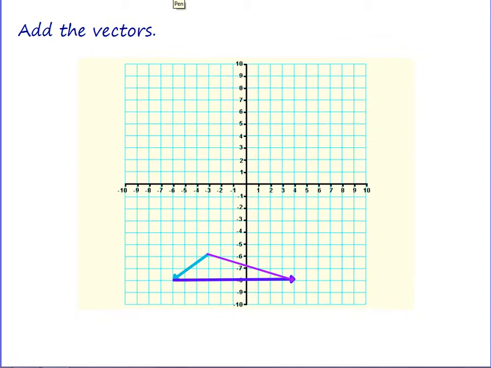Notice that when I do that, I took a vector that was, we went -3 in the x direction, -2 in the y direction. I added it to this darker purple vector that went, let's say, +10 units in the x direction and 0 in the y direction.